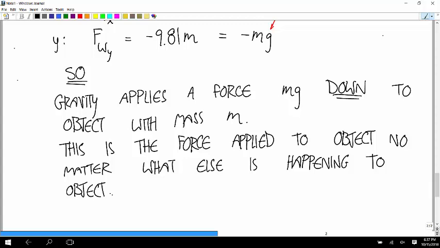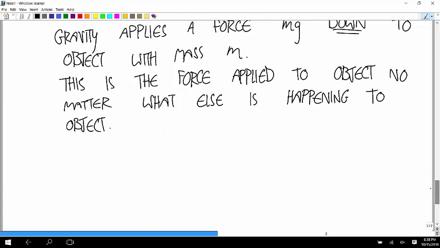Okay, so I want to take a minute to talk about this in relation to the common misconception number 1 that I talked about. So how does this relate to common misconception number 1?